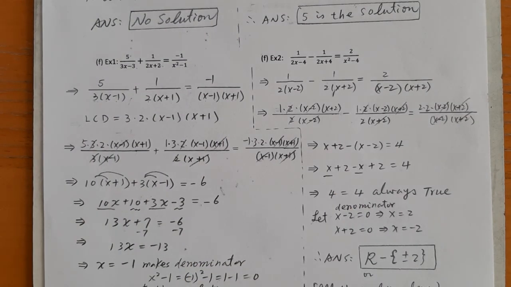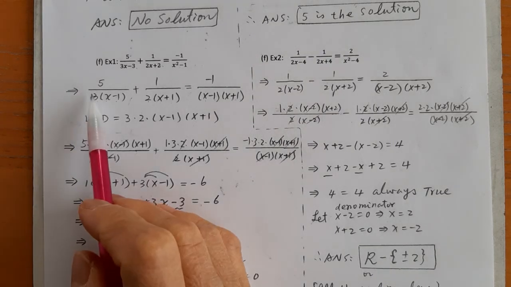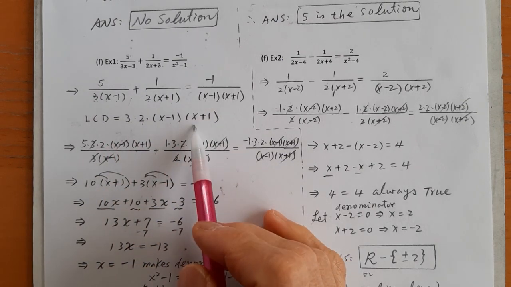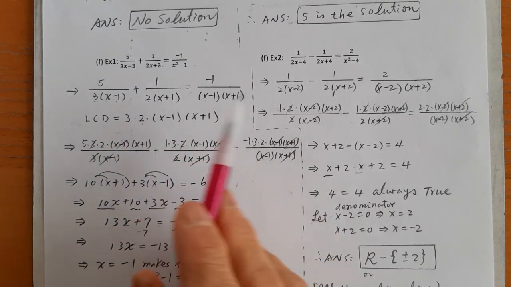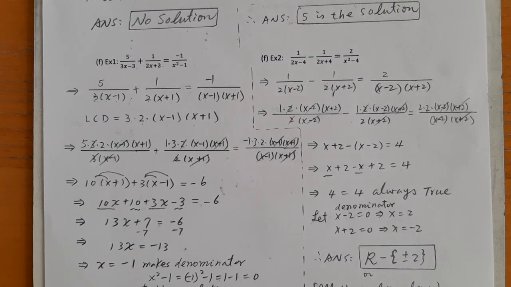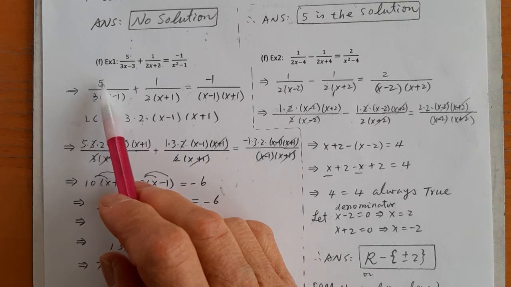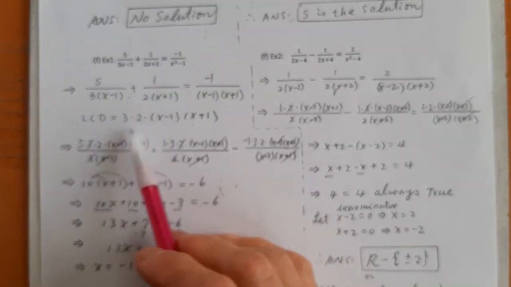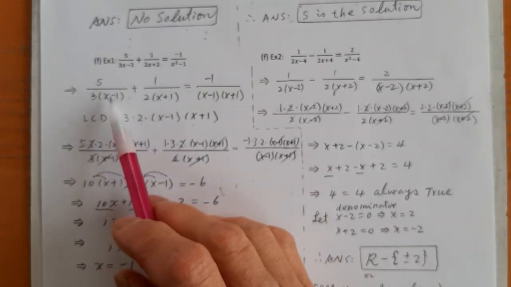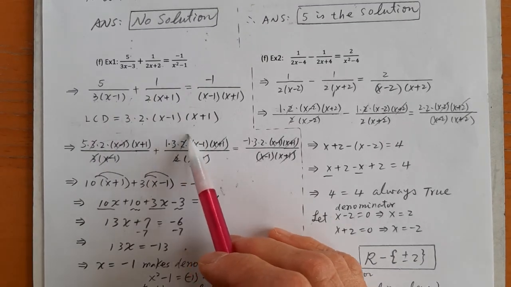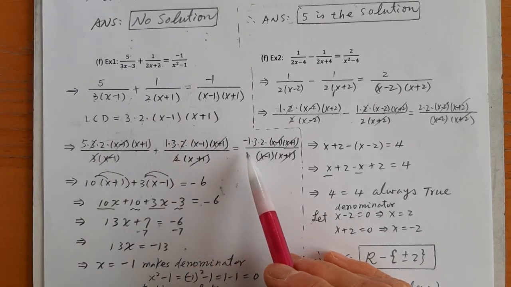So find the LCD, the least common denominator. So pick up 3, 2, x minus 1, and x plus 1. This we call the LCD. Then multiply each term by the LCD. So 5 times this LCD, the denominator is the same. 1 times this LCD, and equal.